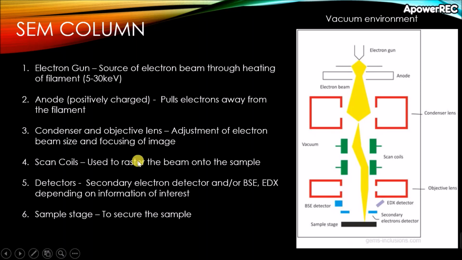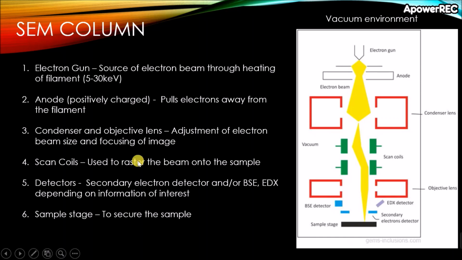The SEM column consists of 6 main components. First, the electron gun, which is the source of the electron beam, and electrons are obtained through heating of a filament. Next, we have the anode, which is positively charged. It pulls electrons away from the filament. The condenser and objective lens have the role of adjusting the electron beam and focusing the image.